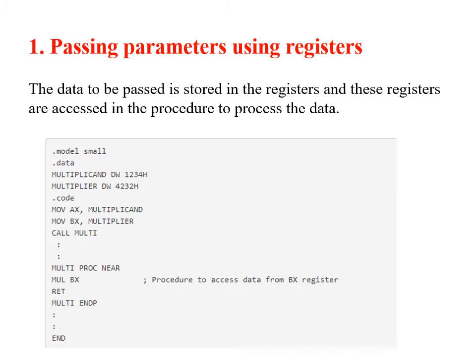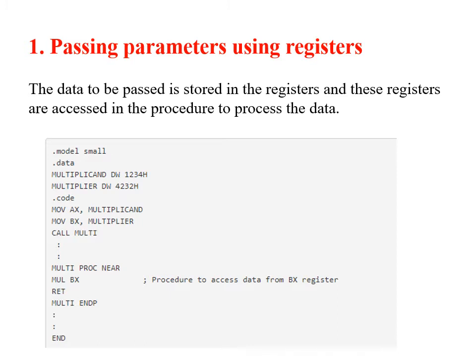Whenever there is a call command, as we discussed earlier, the control goes directly to the multi procedure near, the statement from which the definition of the procedure named multi is defined.